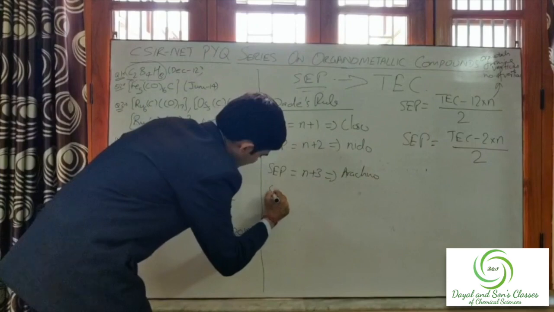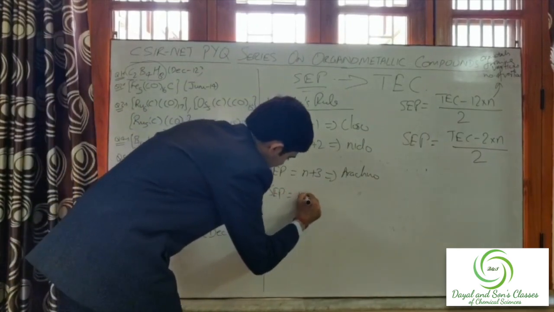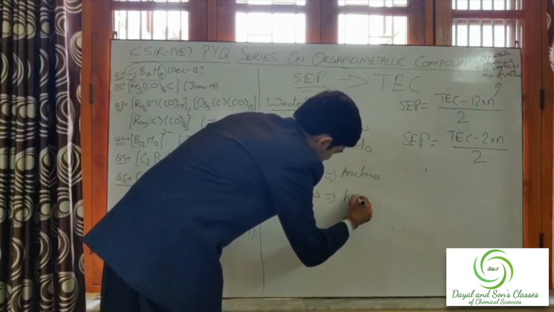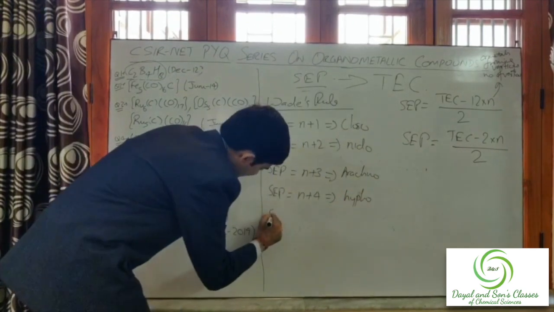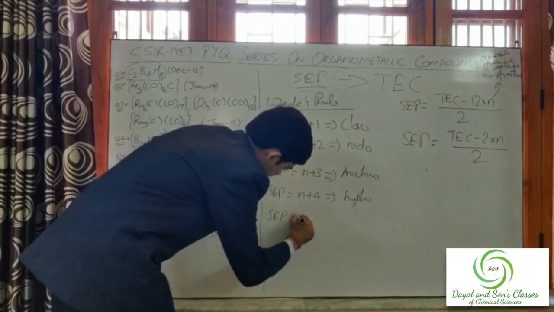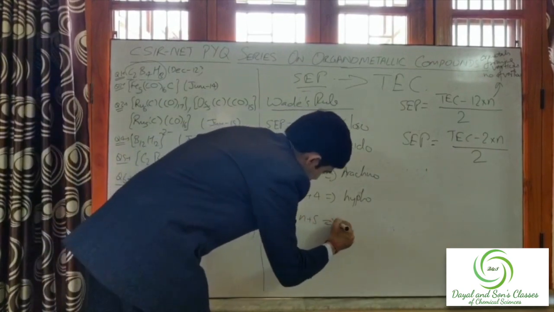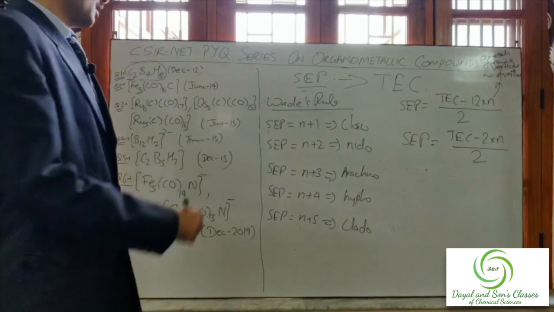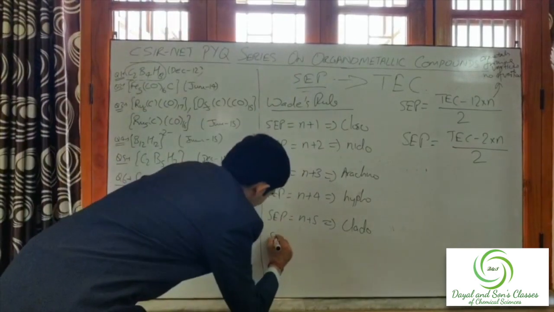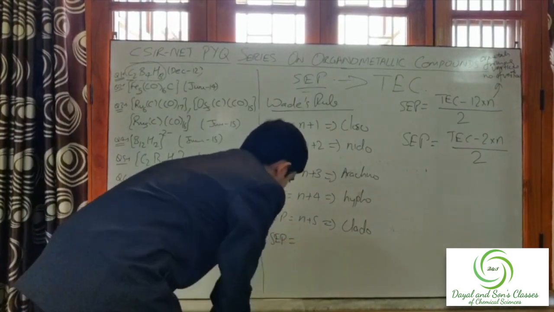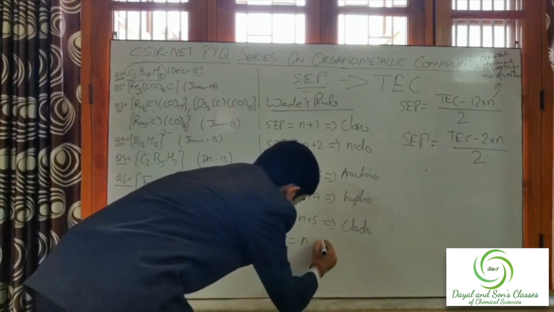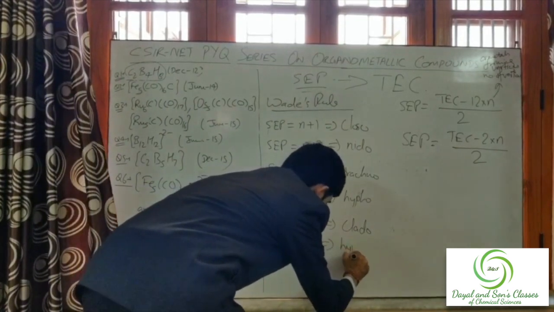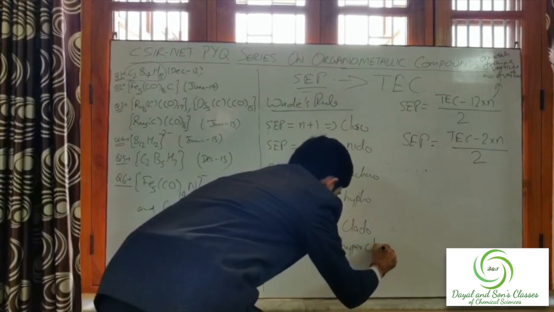If SEP is equal to N plus 4, it is Hypho. And if SEP is N plus 5, it is called Klado. There is one more. If SEP is equal to N, it will be called Hypercloso.